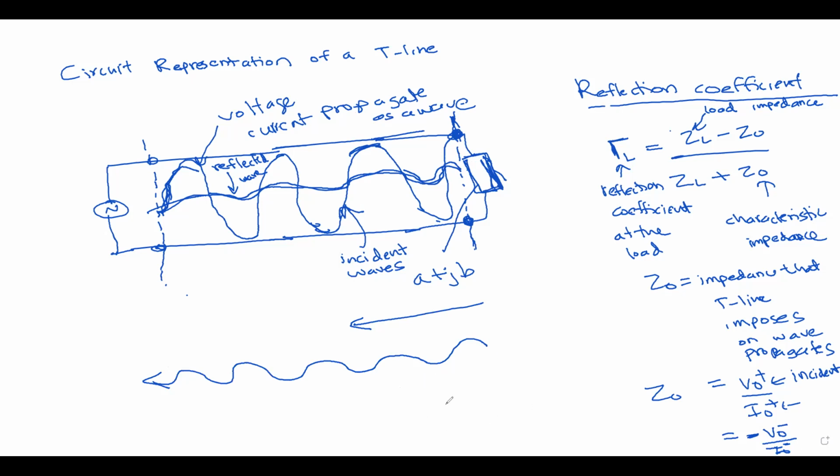The current will move as a wave, and voltage will also move as a wave. There could be a different voltage amplitude, and it will move as a wave.